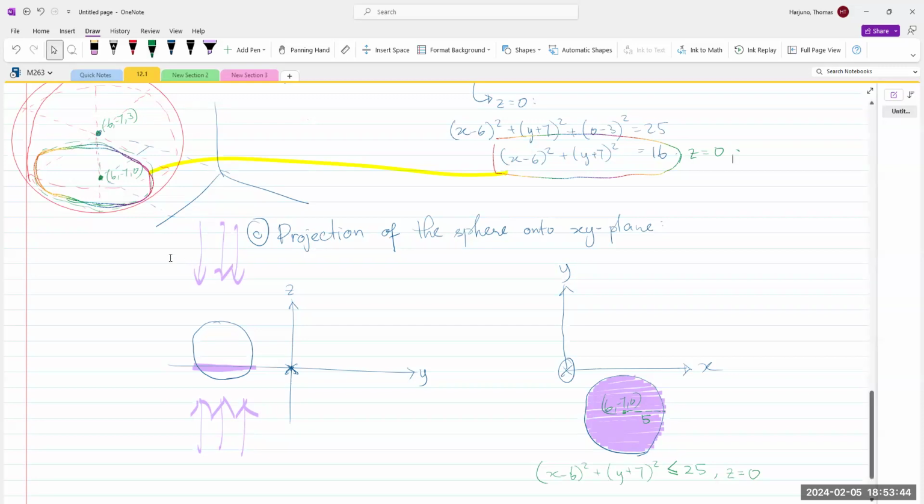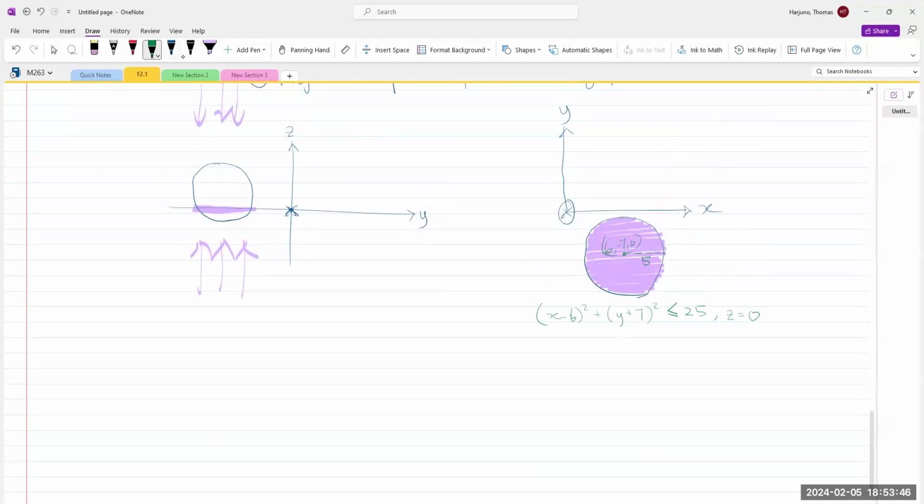Let me clarify one thing. A circle is just the boundary. A disk is not only the boundary, but includes the interior points. A sphere is just the skin of a ball.